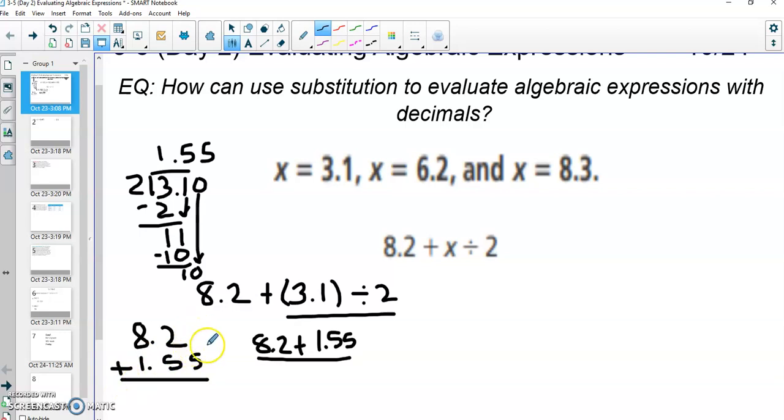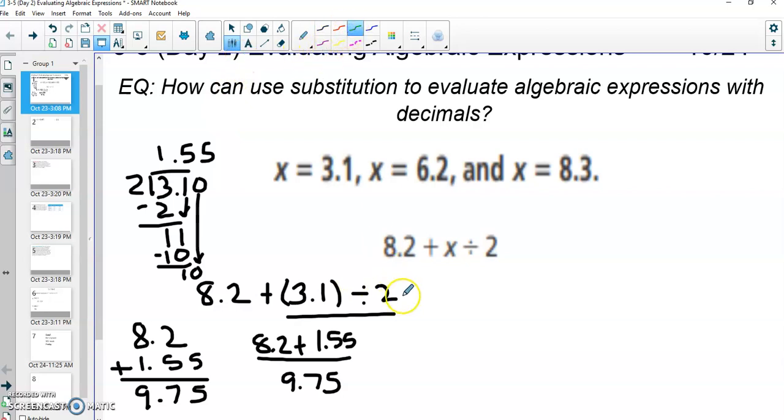So I don't have anything here, so it's like I have a 0. 0 plus 5 is 5. 2 plus 5 is 7. Bring my decimal. 8 plus 1 is 9. So my total value, if x equals 3 1/10, would make this total expression worth 9 75/100. Okay, we'll just do one more. We'll do if x is 6 2/10.